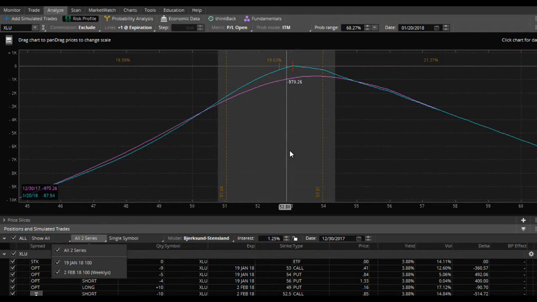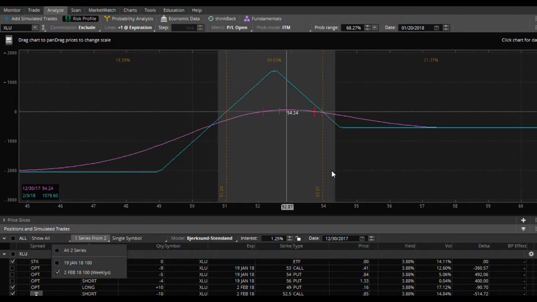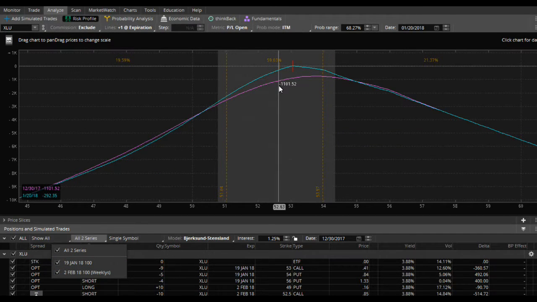Now, if we add in both securities, let's take out that one. Here we are in XLU, the second XLU position that we added this week. This one's nicely centered over the market. If we add this one back in, we add the $540 of profit that we've already banked.